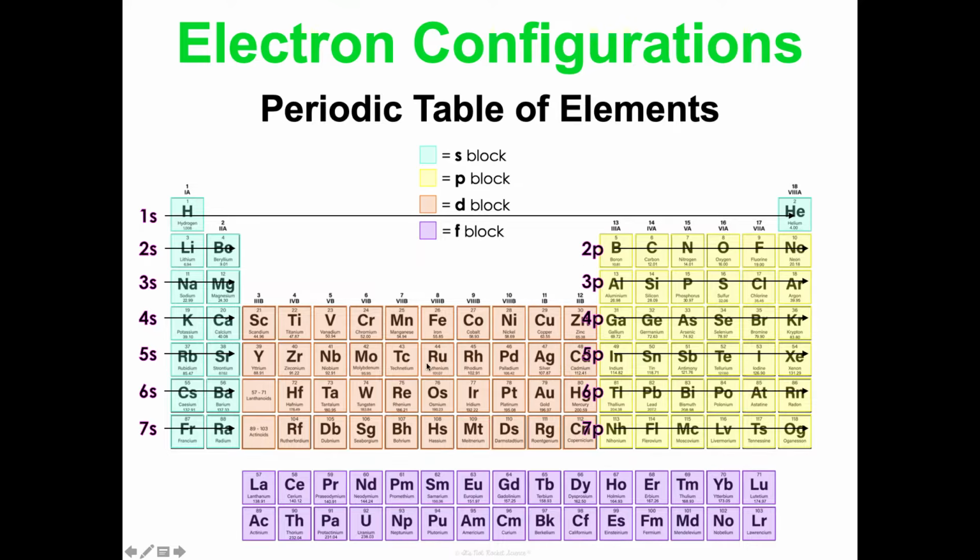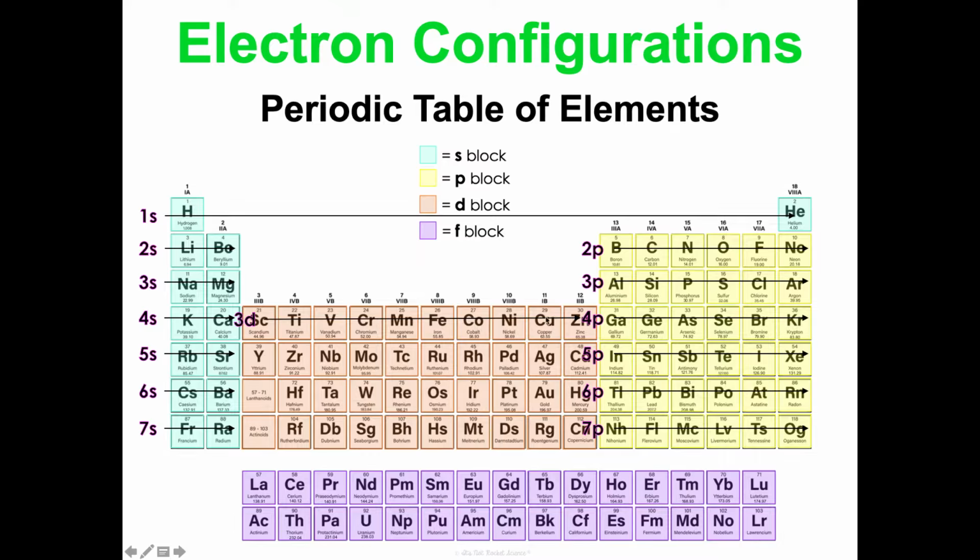Now let's talk about the D block though. This is where it gets tricky. So this is actually the 3D row, okay? It's not the 4D row based on how this is pictured. If you remember from our notes, I said that the third energy level has an S orbital that holds 2 electrons, a P that holds 6, and then a D orbital that holds 10.